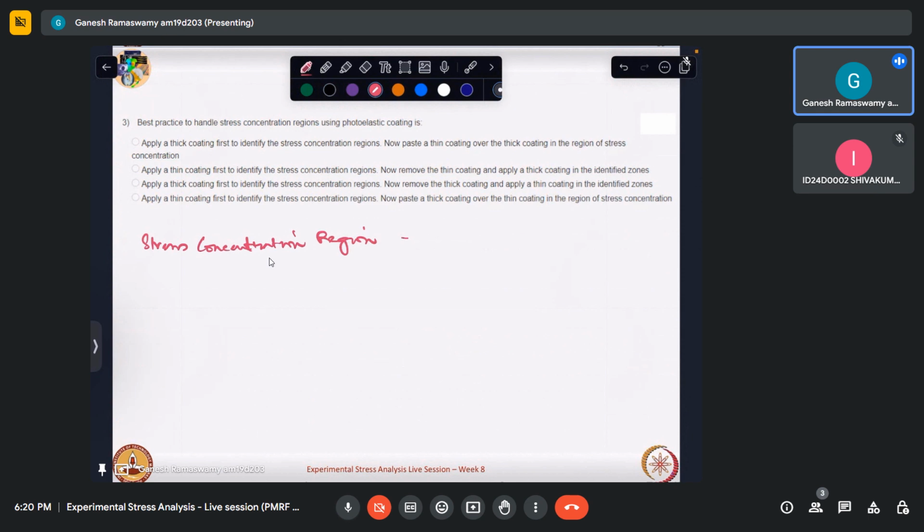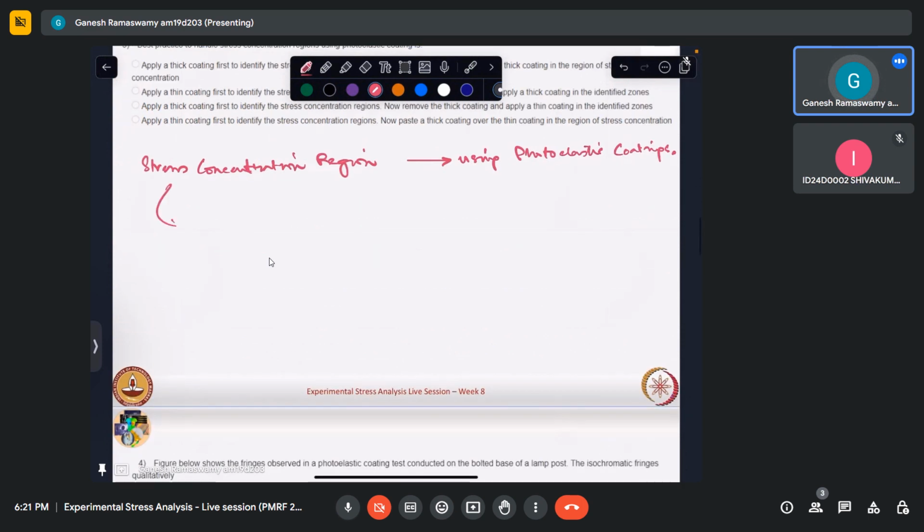And this we have to do using photoelastic coatings. Now, what do we know about stress concentration regions? Is that in any problem, these areas reach the peak load first.